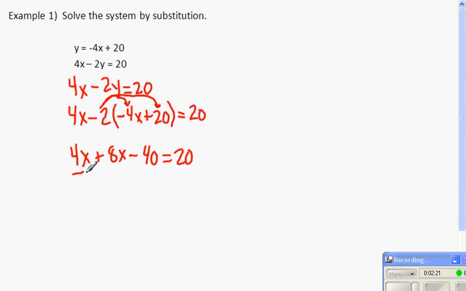Looking at your new problem, working down your paper, you have to combine your like terms, which is a positive 4x and a positive 8x, giving us 12x minus 40 equals 20. We need to get x alone, therefore we need to add 40 to both sides.